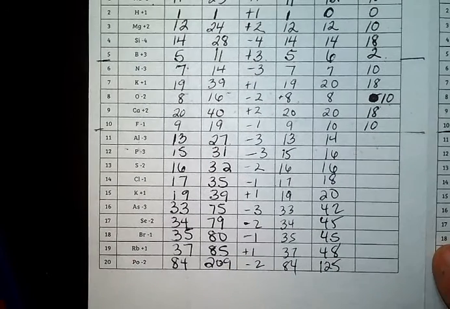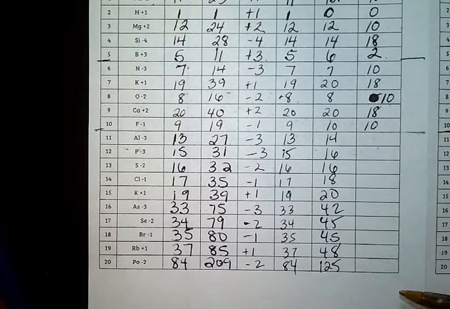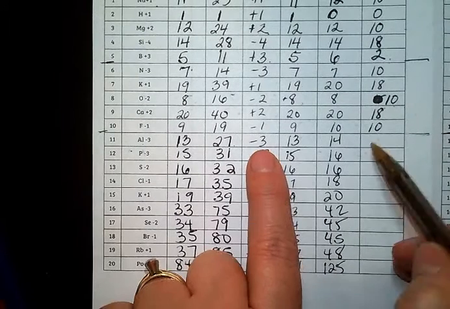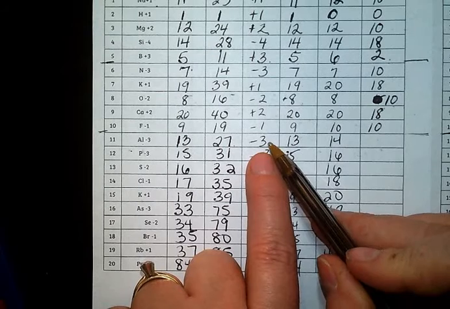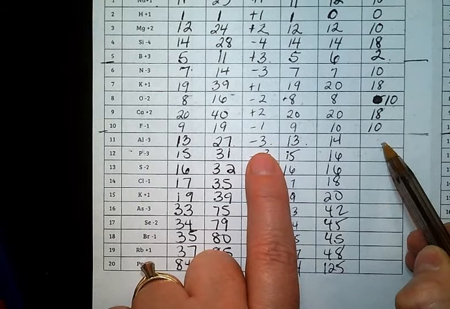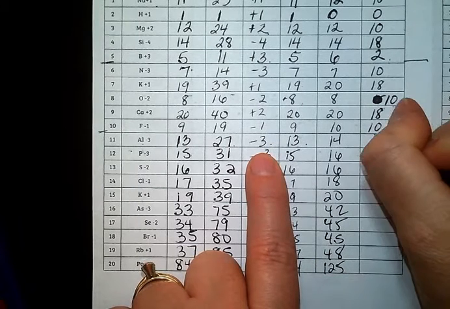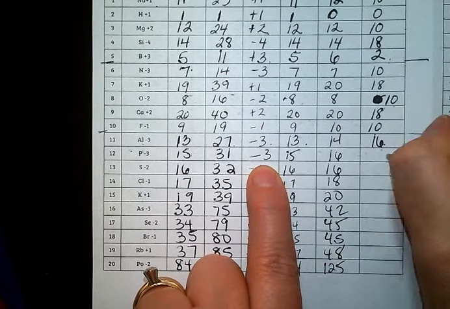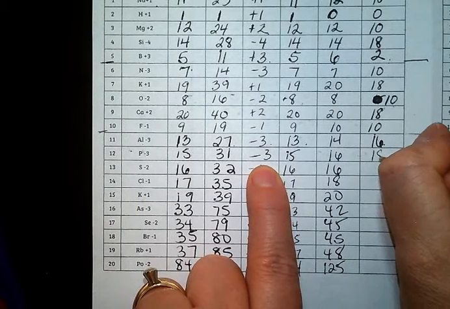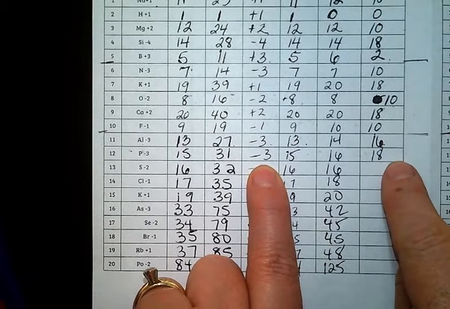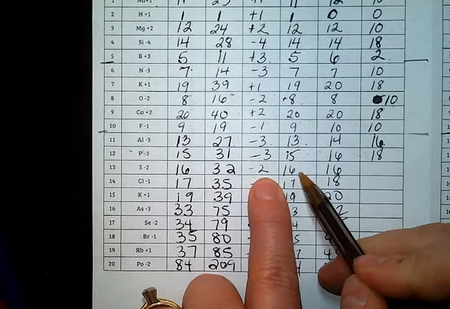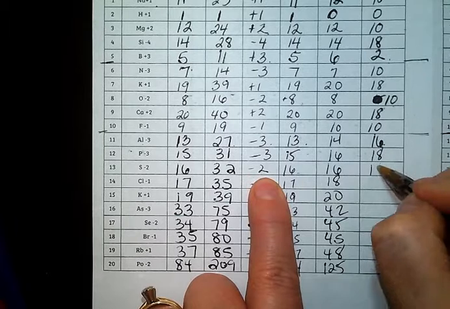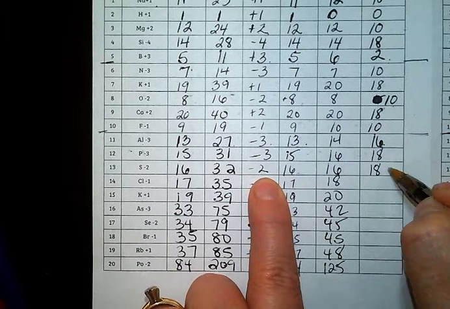So over here I have to figure out my number of electrons. When I look here at this one, it has a -3 charge. That means I have 3 more electrons than I have protons, so I would have 18. This one has a -3 charge. I have 3 more electrons than I have protons, so that's 18. For this one, I have 2 more electrons than I have protons, so if I have 16 protons, I have 18.